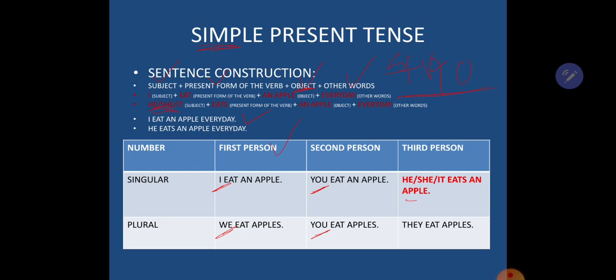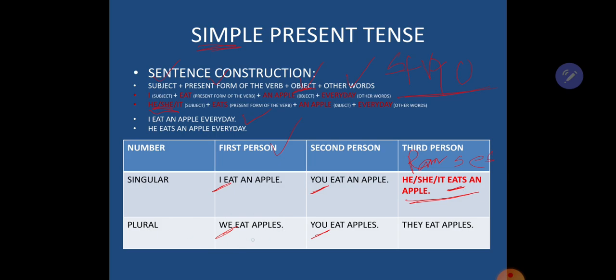Now, you have to pay attention to the third person singular. He, she, it eats. So this verb takes S or ES. So he, she, it, or any name, like Ram. Ram eats an apple. So here you have to keep in mind in simple present tense the verb takes S or ES according to the verb.